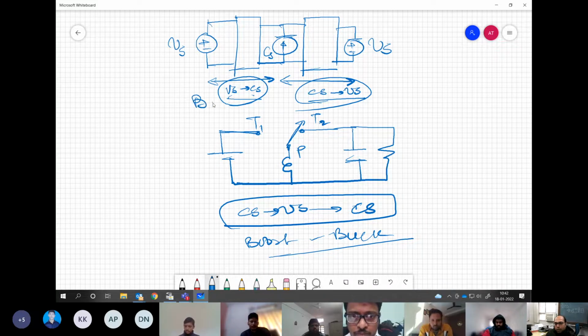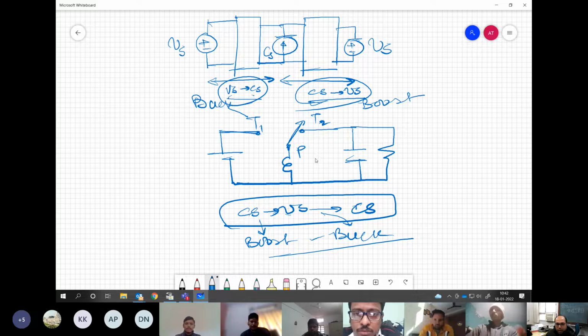Whenever we go from current source to voltage source, it is boost operation. So similarly here, from current source to voltage source we have boost, and then we have buck. You understand the point? This is how you can visualize any general DC-DC converter in terms of how the power is flowing between the two sources. Is that clear?